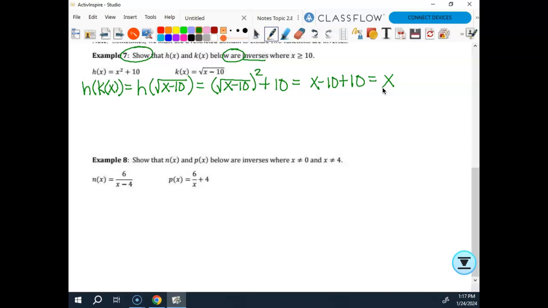But then I have to also do k of h of x, which is going to be k of x squared plus 10, which is going to be the square root of x squared plus 10 minus 10. Now, anytime I substitute in something with more than one term, I put parentheses, because sometimes they matter, sometimes they don't.